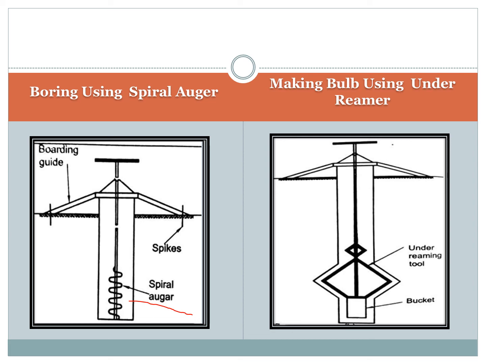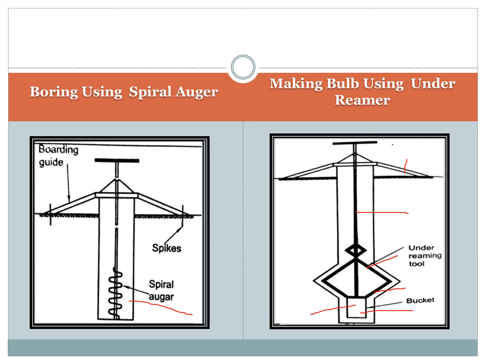Okay, after that the under-reaming tool, attached with the bucket, here is the bucket at its end, is lowered into the hole with the help of the boring guide. When pressure is applied on the lower under-reaming tool assembly, the blades open and cut the soil, which drops in the bucket.